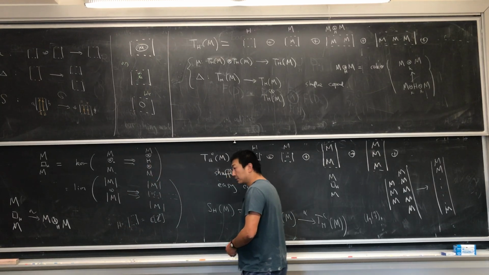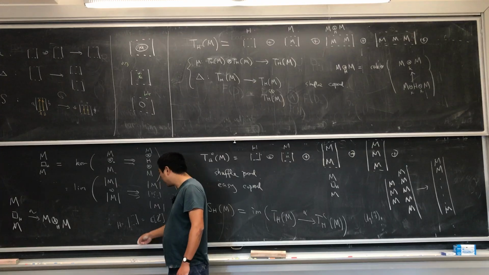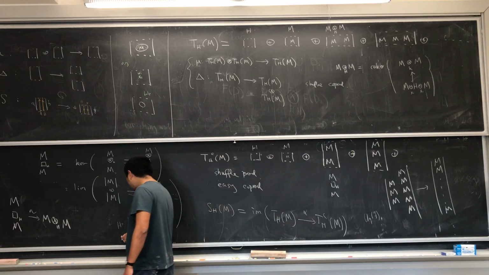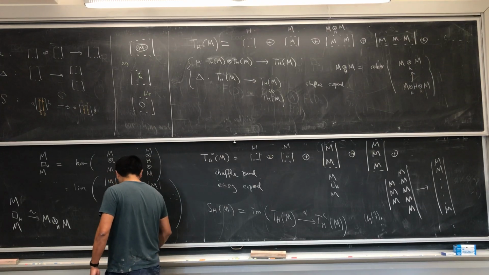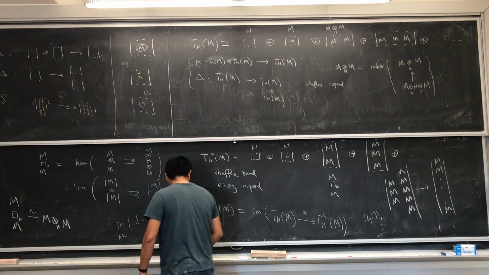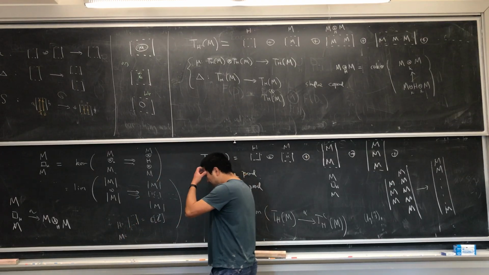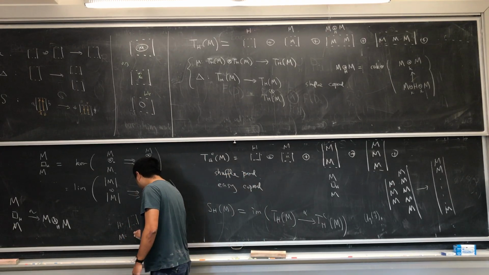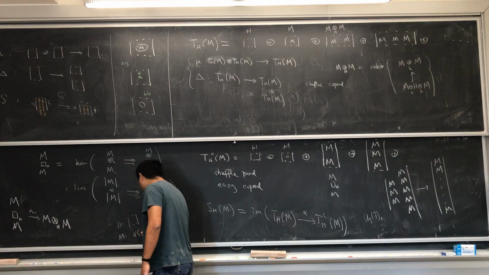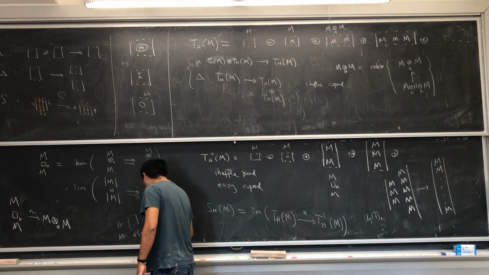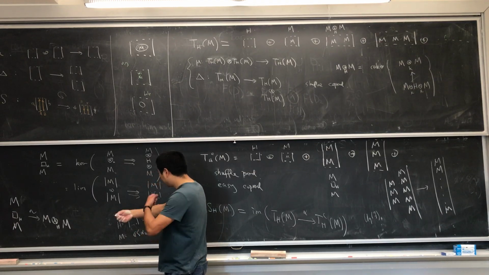So you take H to be like this and M to be the finite dimensional vector space generated by all the roots.